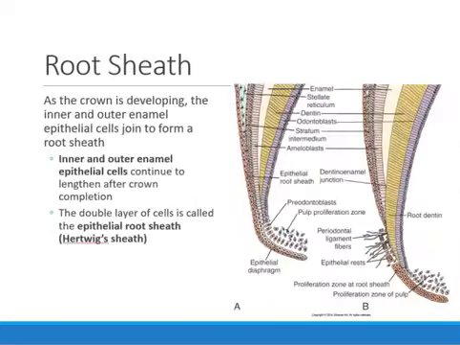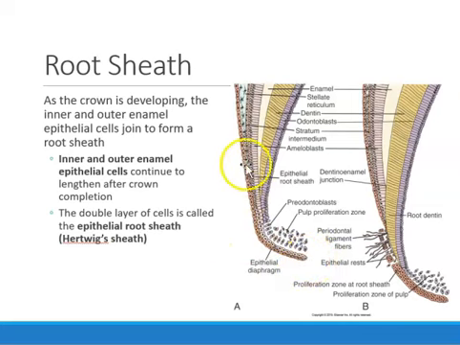Okay, let's look at roots now. So there's something called the root sheath. In orange you can see the outer enamel epithelium and then the inner enamel epithelium, and they connect and go all the way down, and they're going to help us make the root.